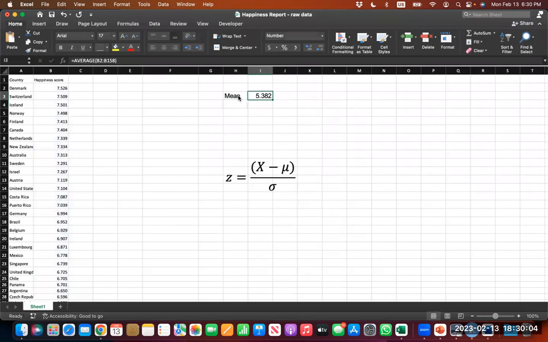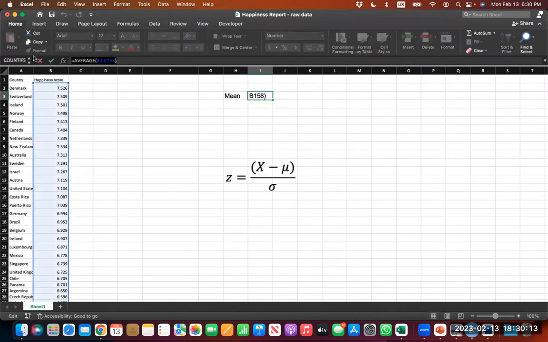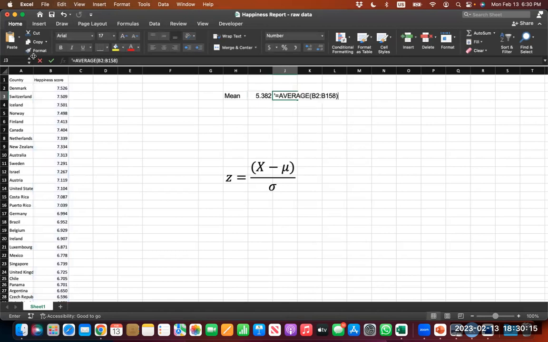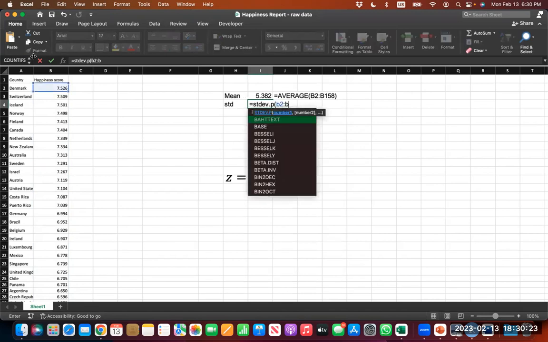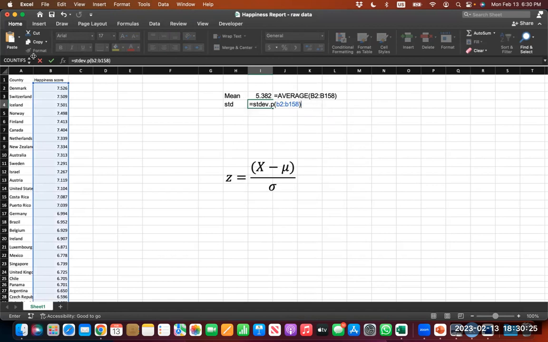And this is here a mean of 5.382, which is simple, right? So we know this is our mean. We have now a standard deviation, which is STDEV.P of B2 to B158.